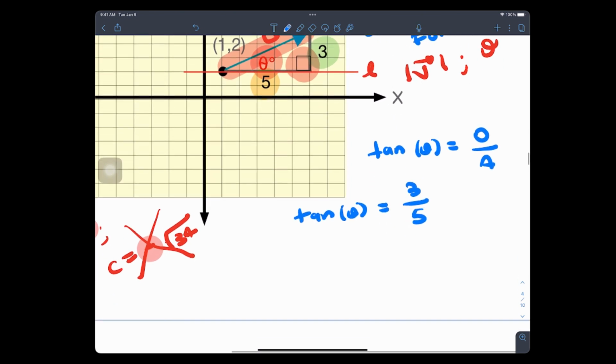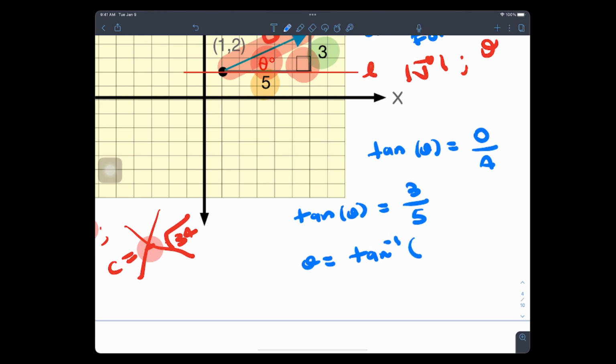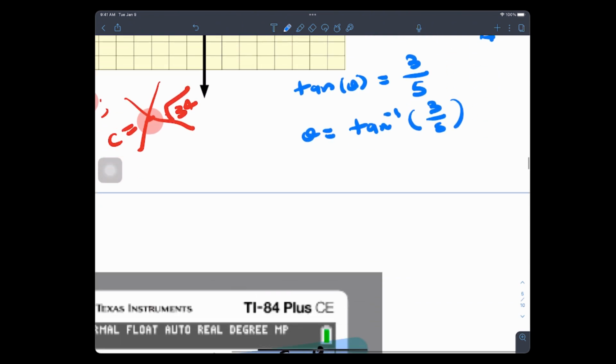So you had a good question, do we get to use a calculator? Yeah, because now I can get theta by taking the inverse tangent of 3/5 by using your calculator. And this is set to degrees.